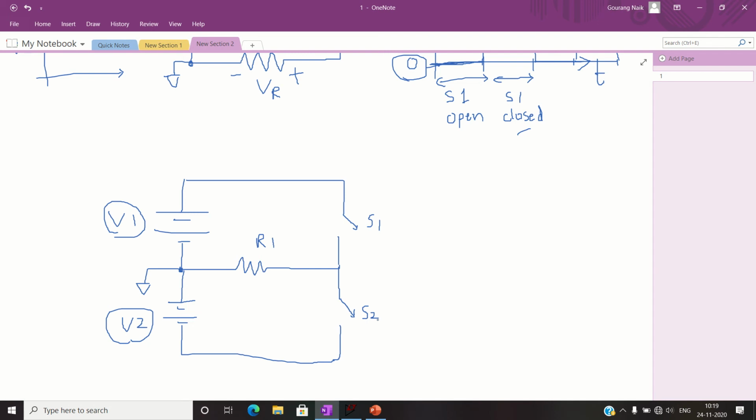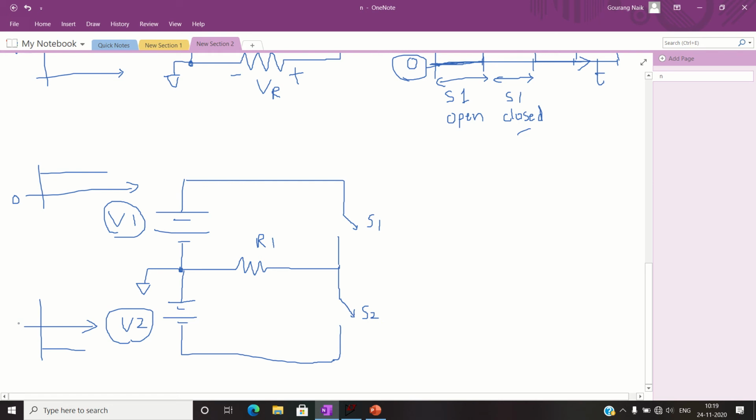So here let us say my voltage, it is DC, so it will be constant here. Here also you can say. Now if you consider the 0 point, V1 is positive with respect to the common point, whereas V2 is negative with respect to the common point.